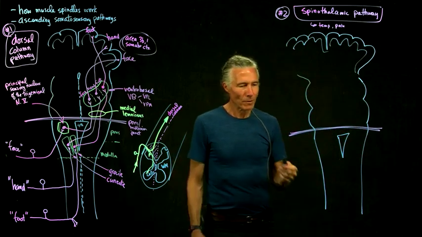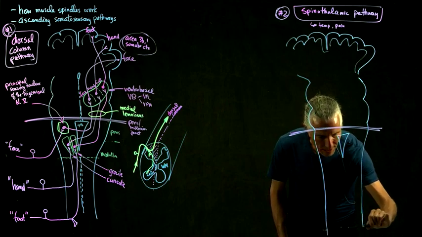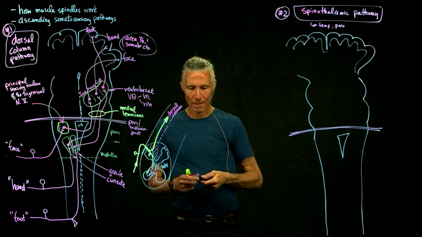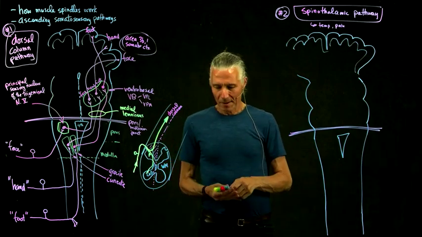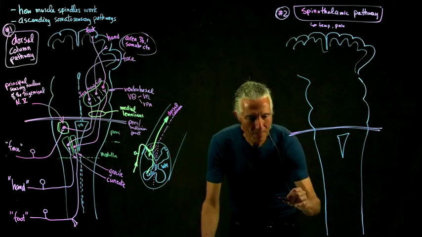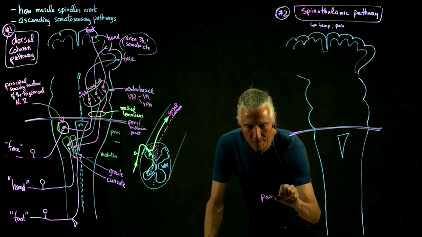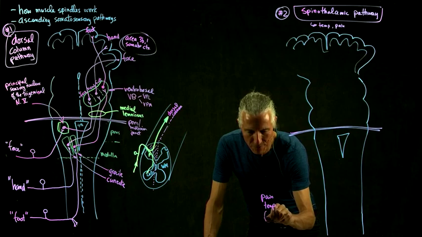Okay, so spinothalamic implies that you basically are projecting from the spine to the thalamus. So it's in the name. And so what is that pathway? So that pathway, it's more pain and temperature. It's got a little touch in it, but it's mostly pain and temperature. And so let's take pain and temperature from the foot, for example.